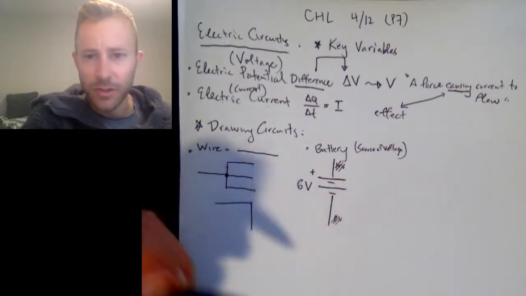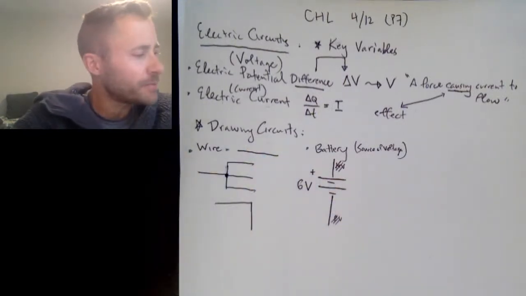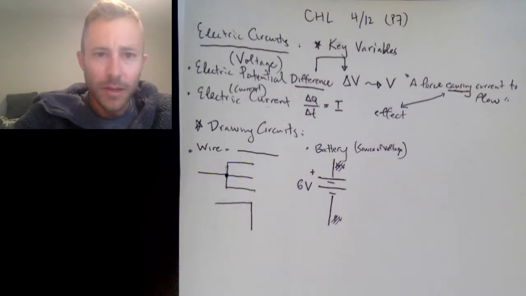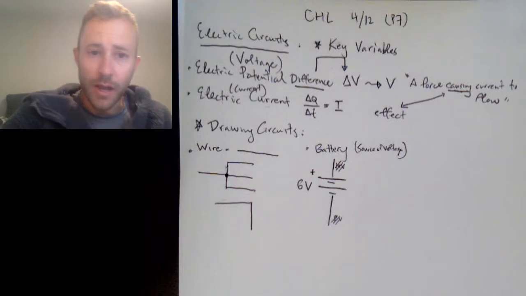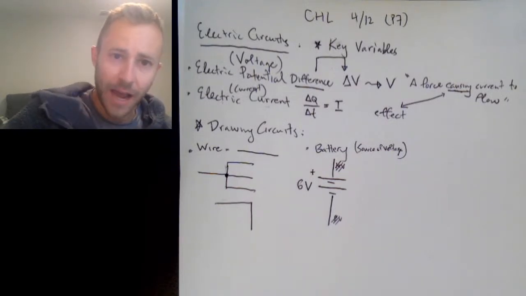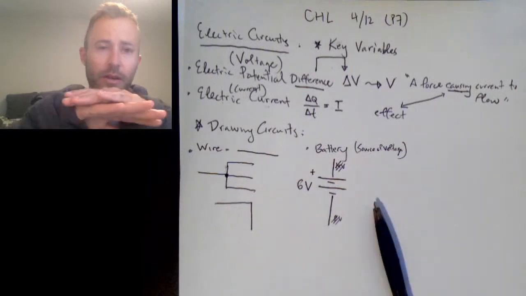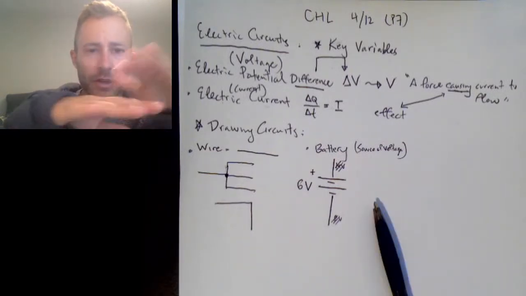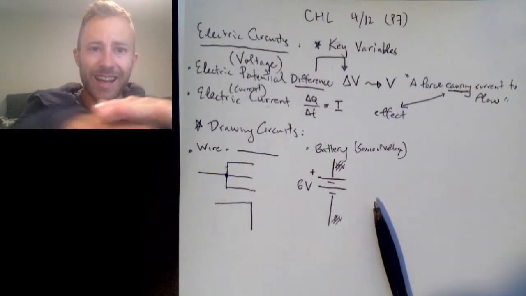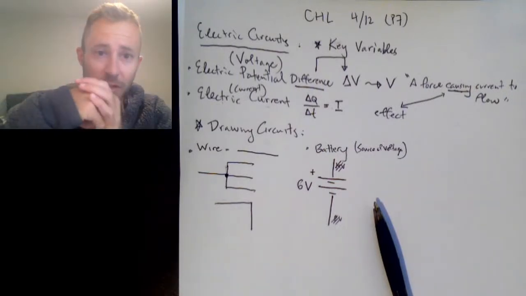Why is this the circuit symbol for batteries? Because the very first batteries that were created were made out of stacks of different materials. They were layered. You can actually make batteries by stacking together coins. I've done it before.